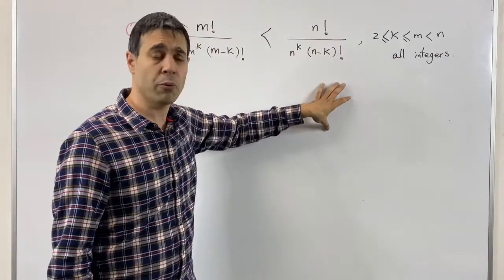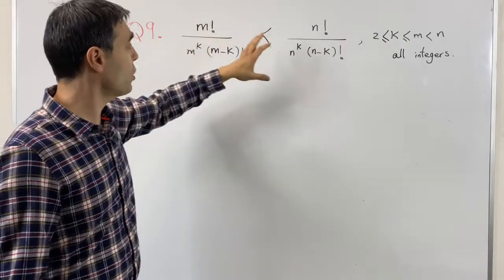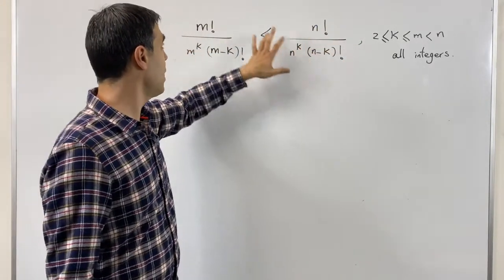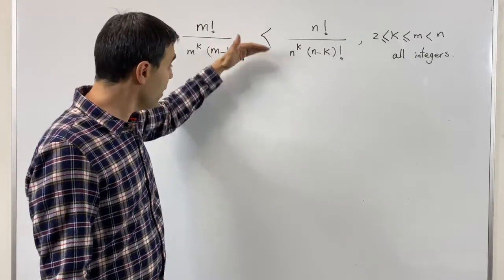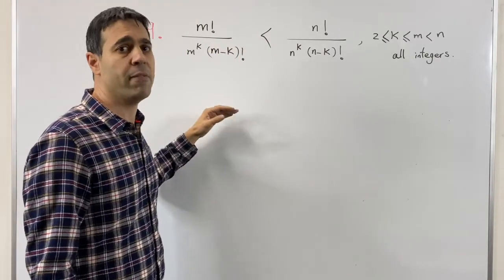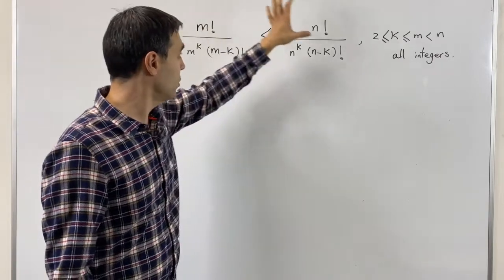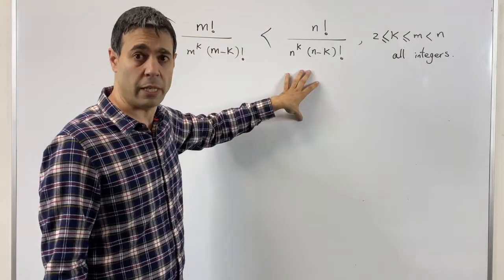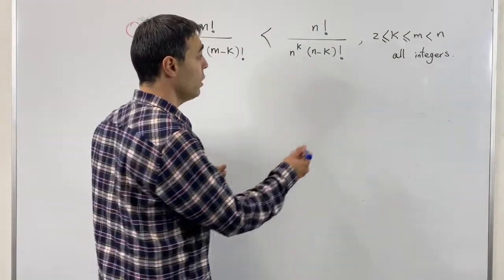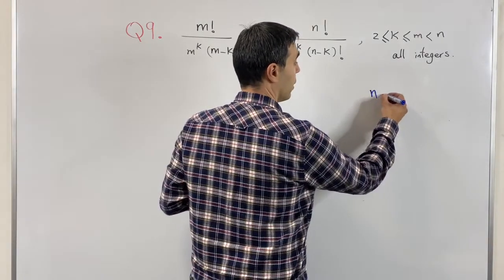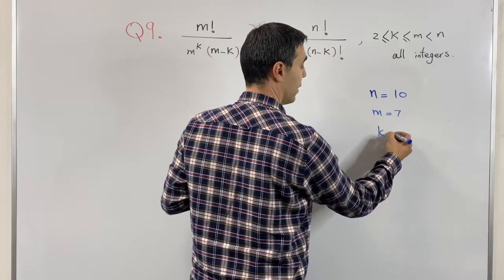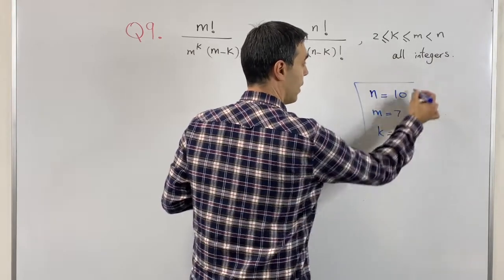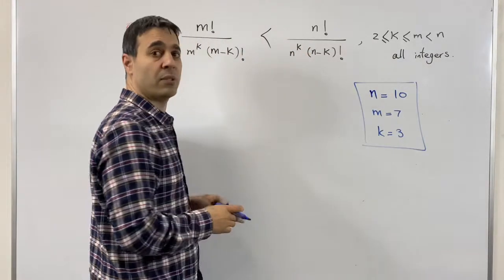Now, if we want to prove that, we're going to assume some numbers for N, K, and M and see, is this really true? In doing this, we're going to get a very good insight about the structure of this inequality. So I'm going to plug in N equals 10, M equals 7, and K equals 3, and see what happens.